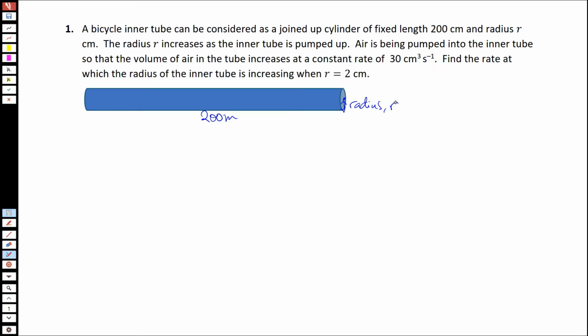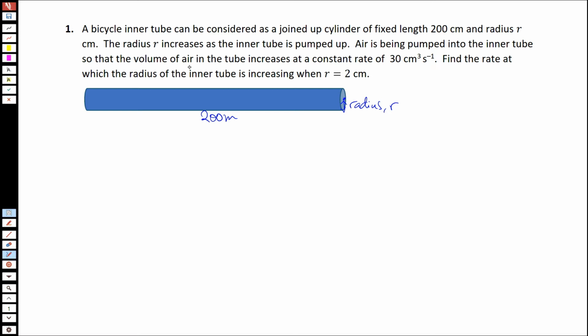So the radius r increases as the inner tube is pumped up. Air is being pumped into the inner tube so that the volume of air in the tube increases at a constant rate of 30 centimeters cubed per second.